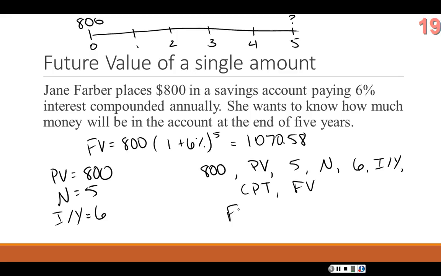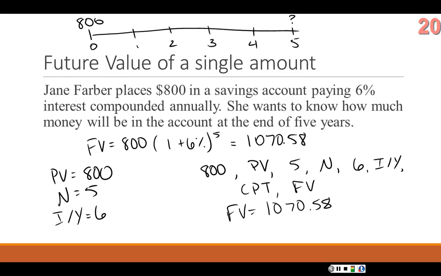And it tells you that the future value is $1,070.58. But the interesting thing is that it gives you a negative number for the future value. It tells you that your future value is a negative $1,070.58. That's just the way your calculator is set up.